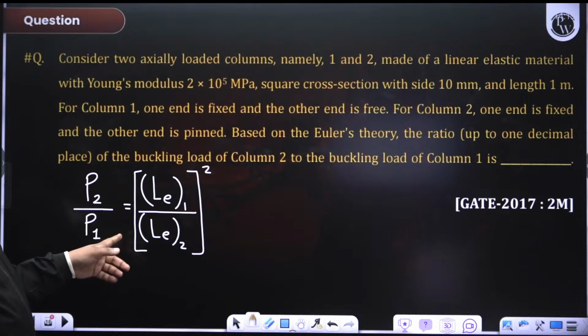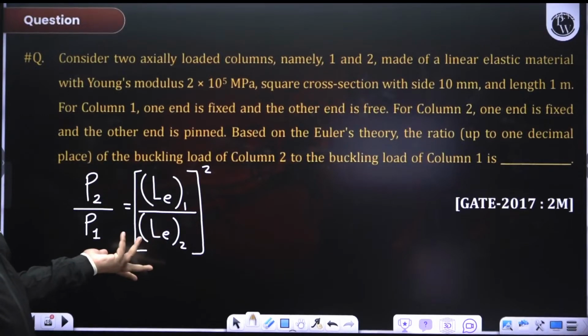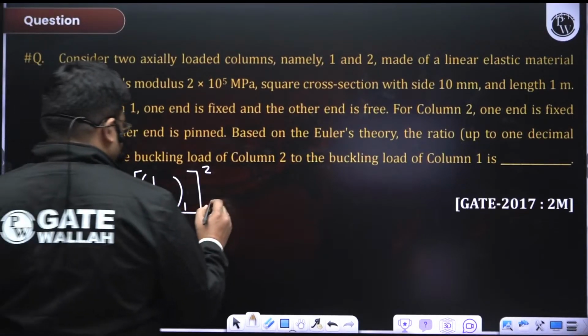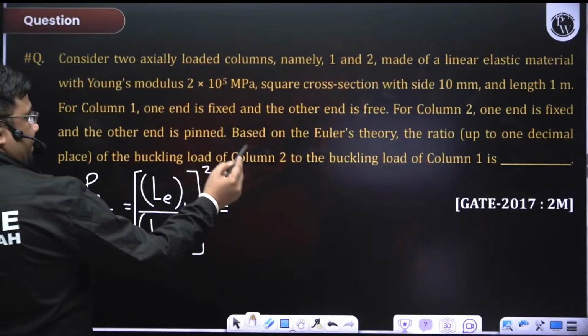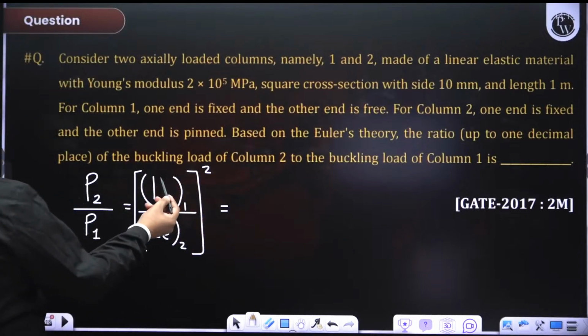All other factors are same, so they get cancelled. It is asked P2 by P1, so I take effective length of 1 by effective length of 2.